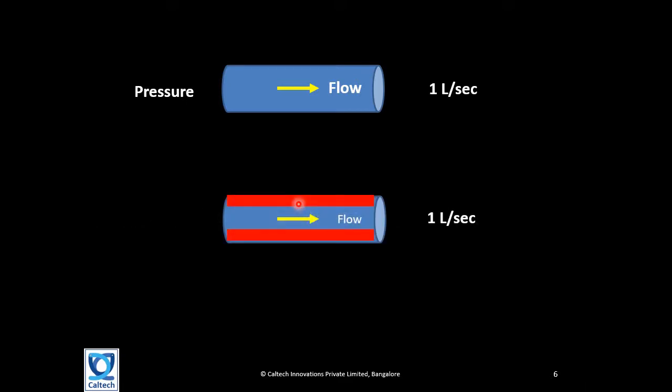Assume this tube is the airway, and through this airway you want to generate an airflow of say 1 liter per second. In order to generate this flow, you would need some pressure. Now if this airway is obstructed, that is, the airway caliber is reduced because of obstruction, and you want to generate the same amount of airflow, that is 1 liter per second, the pressure required would be increased.